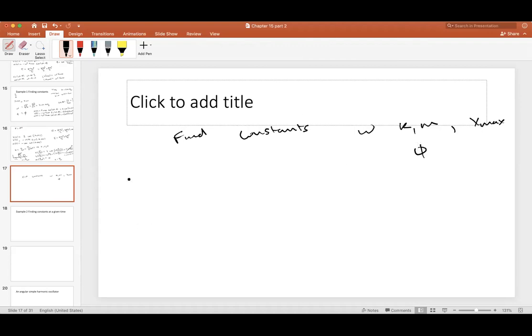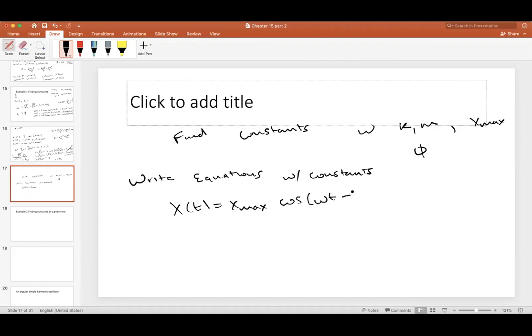And then write your equations with the constants. Okay? So you write x of t, for example, is whatever x max happens to be, cos of omega t minus phi. And you write them down for x and v and a.